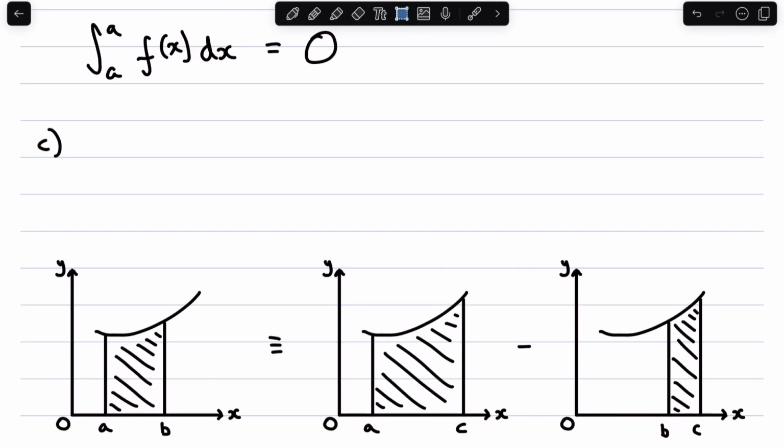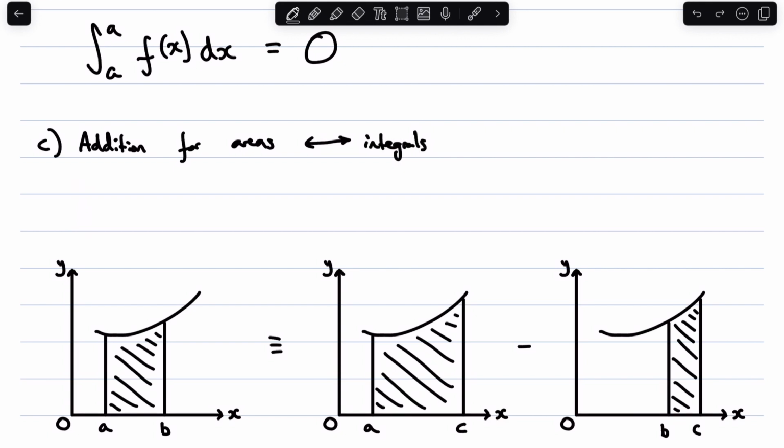And finally, areas can be added or subtracted. So this is the same as saying integrals can be added or subtracted, because the addition rules for areas are the same as that of integrals.